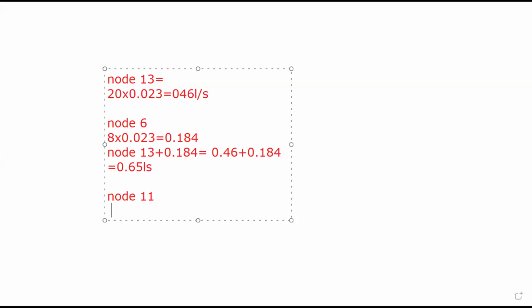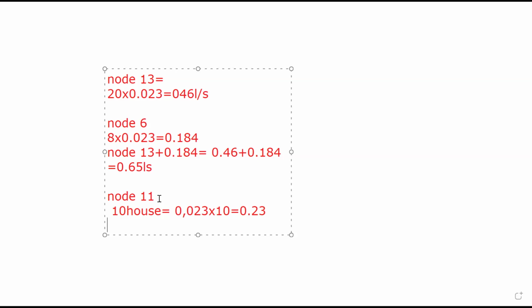Node 11 has 10 houses. Therefore, the value will be 0.023 times 10, which will give you 0.23. There is no downstream line, so that is the value of node 11.